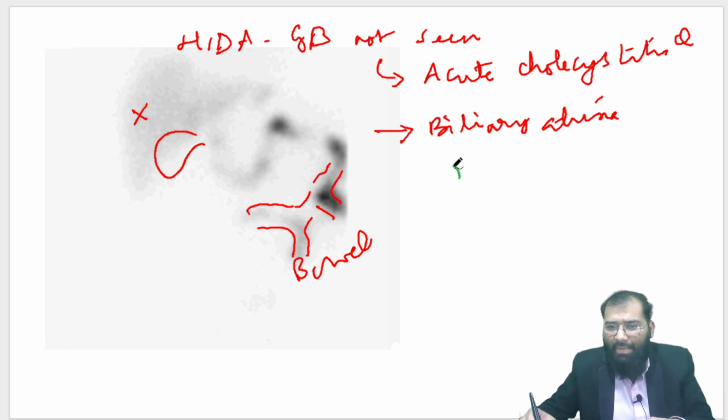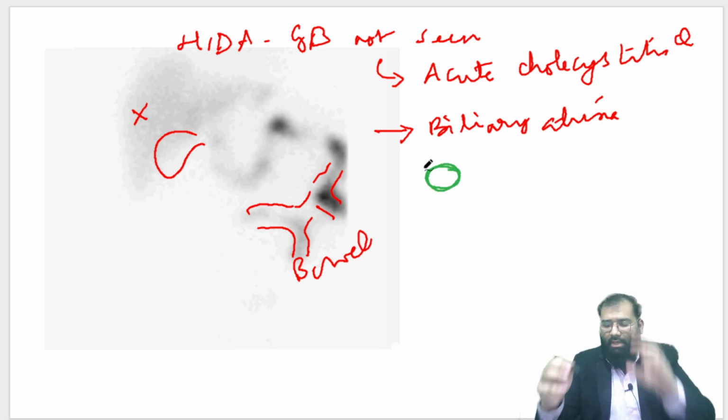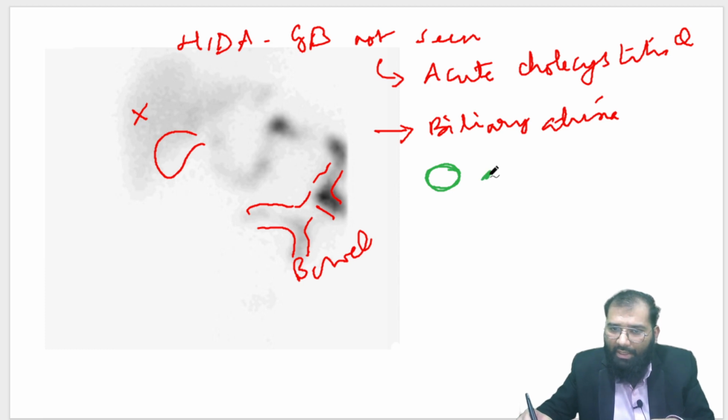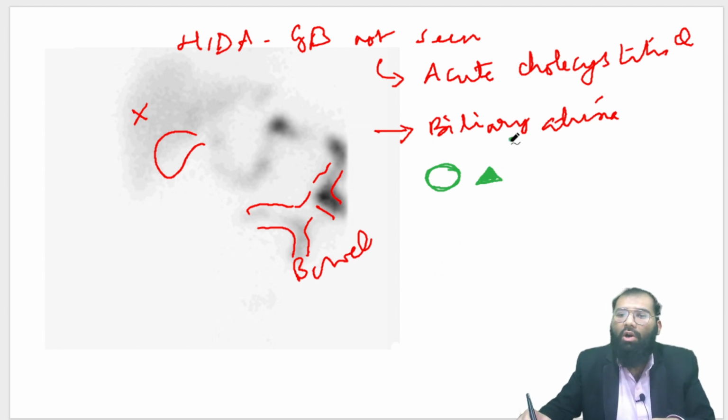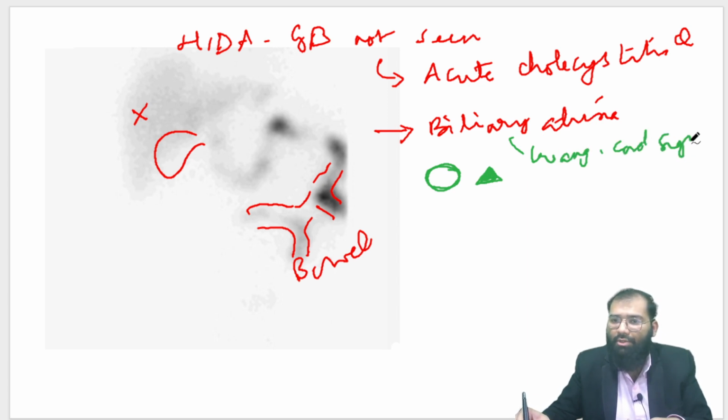Normally biliary canals should have a central lumen. If it is atretic, the lumen is not there. They look like a triangle, and hence this is called triangular cord sign on ultrasound. Again, it's a very important question.